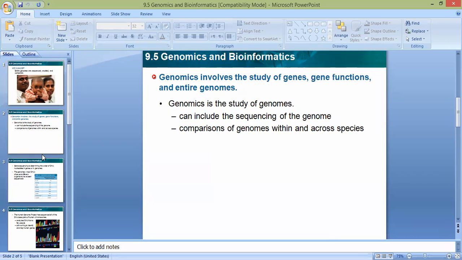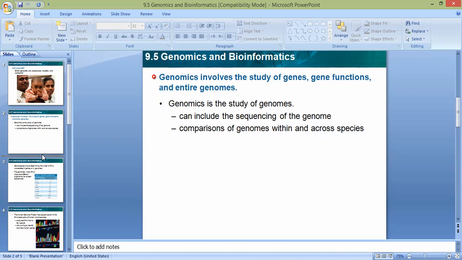Here genomics involves the study of genes. Let's know what genomics means: it is the study of genes and gene functions, and the entire genome. Genomics is the study of genomes, which includes the sequences of the genome. What do we mean by sequence? These nucleotides are sequenced or compared within and across species.